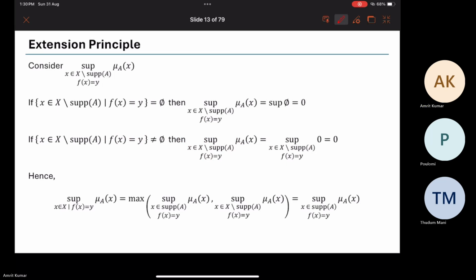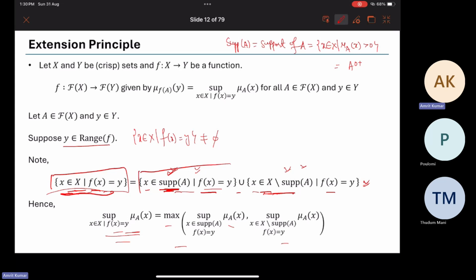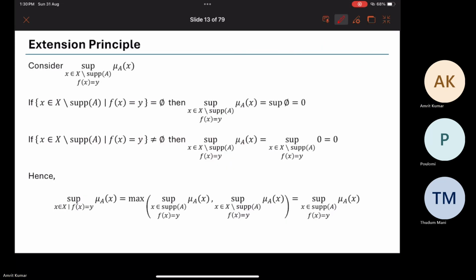Now, for now, let us focus on this set and see what the supremum of mu A of x over this particular set is. So we are interested in this particular supremum.